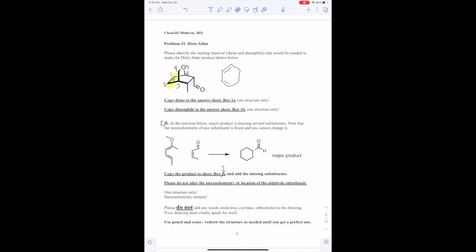Oh, and I made a mistake. This area should have an oxygen. Let me just redo that. It's very sad drawing.